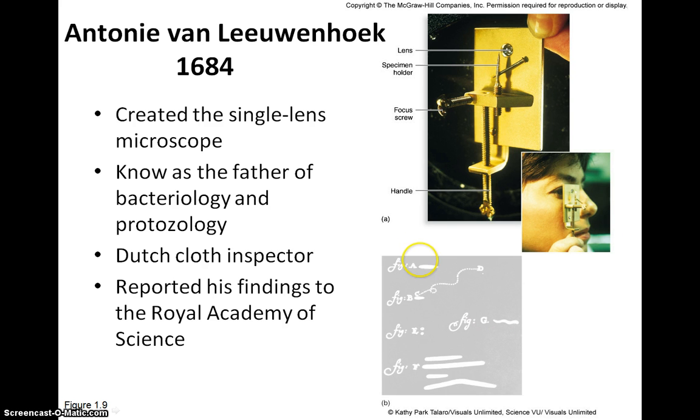So he drew them. Okay, and this is actually some of his original drawings, much like what we see under a microscope today. And he reported those findings to the Royal Academy of Science. Because he had some of the first drawings ever of bacteria and protozoans, he is known as the father of bacteriology and protozoology.